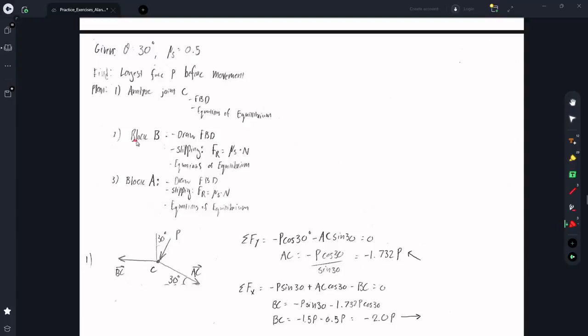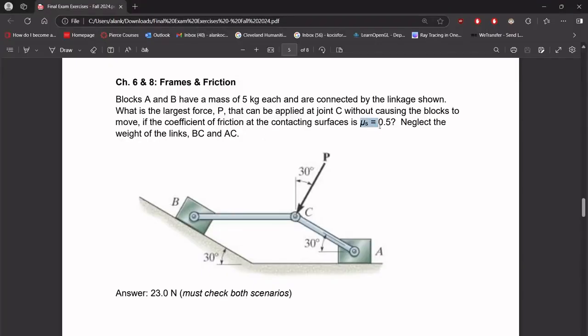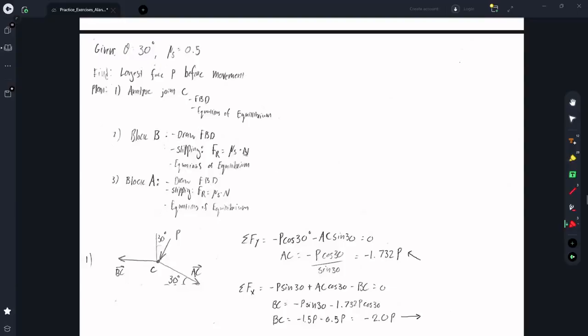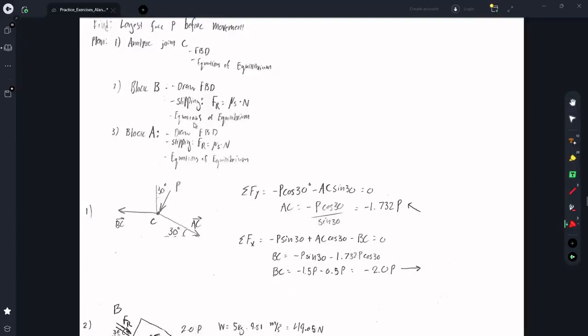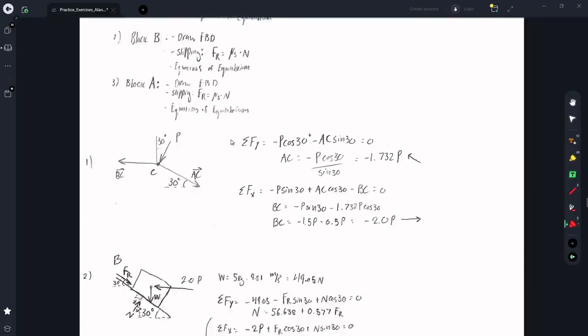And then we're going to analyze each block, and because we can only analyze slipping after drawing a free body diagram, of course, we can set the friction force equal to the coefficient of static friction times the normal, and the coefficient of static friction is given in the problem as 0.5. So we're going to do that for both blocks, so let's just get started.